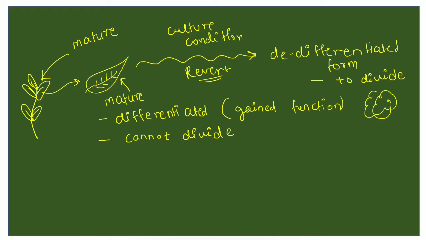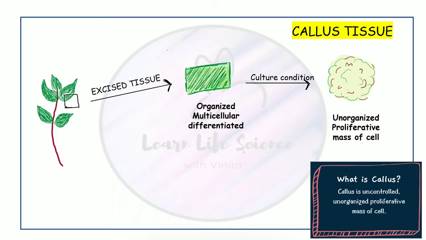I have elaborated this point in the concept of totipotency. Now on the picture you can see that we have taken a mature plant and excised a small part of the mature leaf.